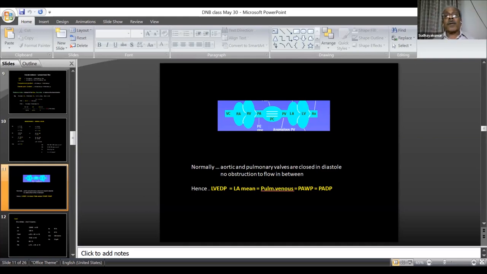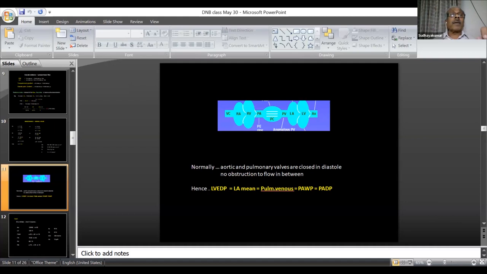So the diastolic pressures in this circuit are the same unless there is an obstruction. The LV diastolic pressure equals the LA mean pressure equals the pulmonary venous mean pressure equals the pulmonary capillary mean pressure equals the pulmonary artery diastolic pressure, with a 1 to 2 millimeter rise as you go proximally. That is all. This is very, very important.